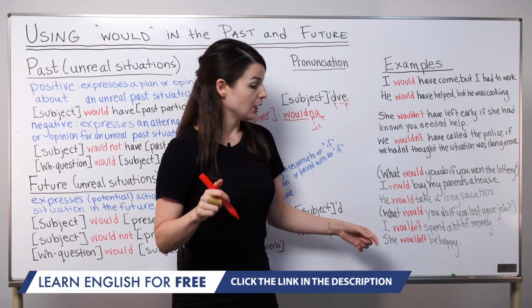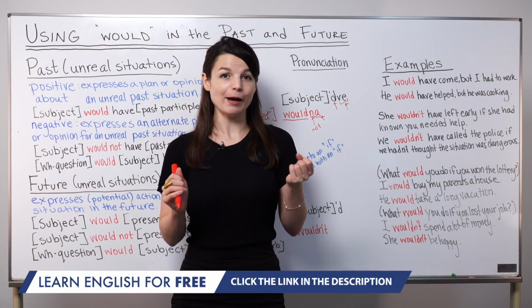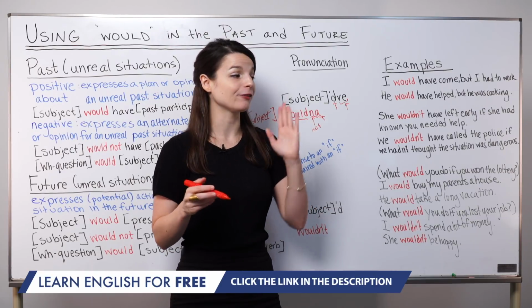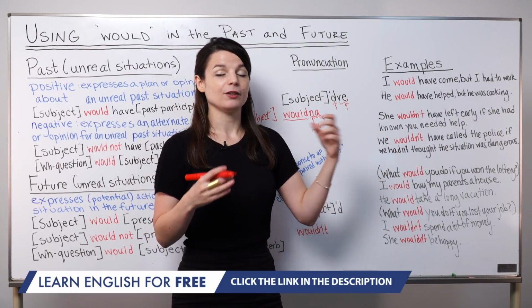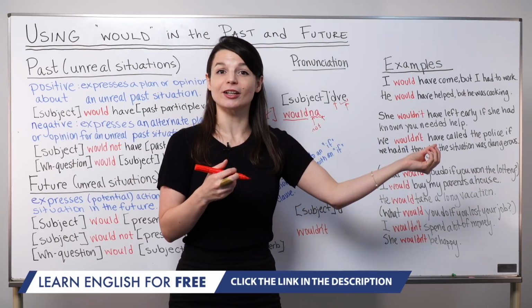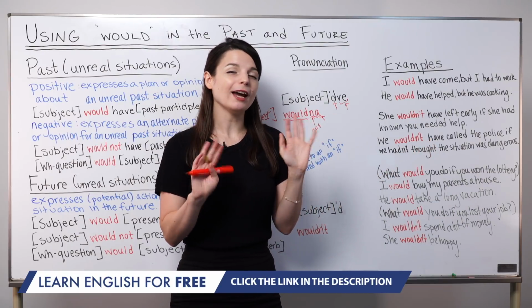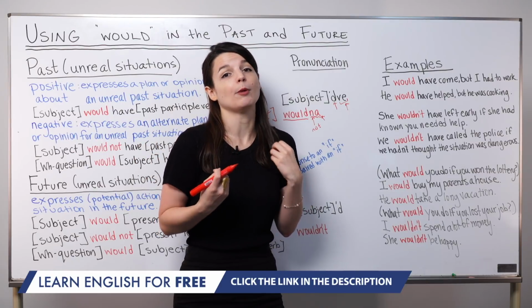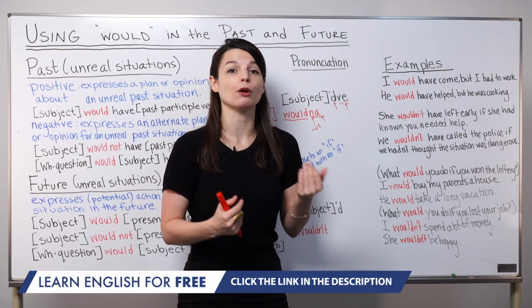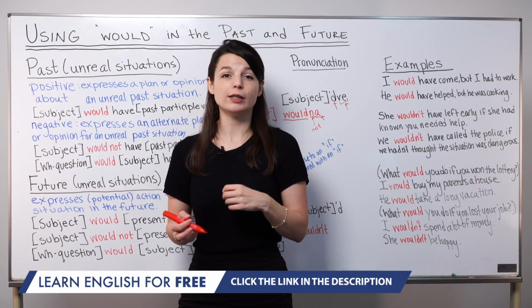Another example, she wouldn't be happy. So if she lost her job, she wouldn't be happy. So that's talking about her condition, actually. So we don't only have to describe like our behaviors, our actions, we can also talk about our conditions, our emotional or our mental states. She wouldn't be happy.